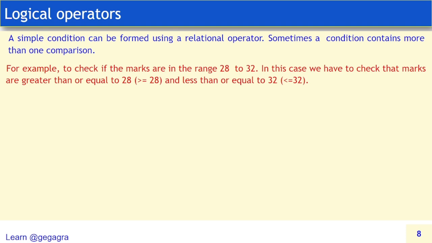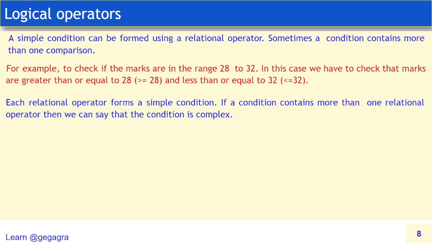For example, to check that marks are in the range of 28 to 32, we have to check that marks are greater than or equal to 28 and marks are less than or equal to 32. So this way we need an operator to combine these conditions, like greater than or equal to 28 and less than or equal to 32.